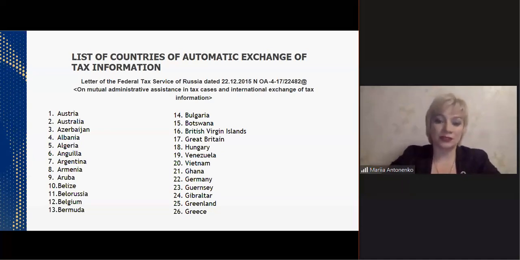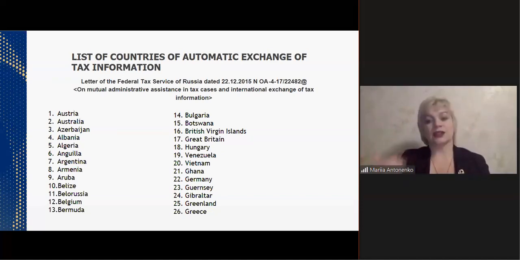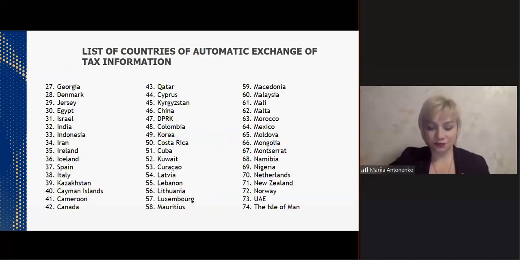Belize is in the list of countries with automatic exchange of tax information. They provide taxation assistance to all the countries that are included in this convention. It doesn't matter what country the request comes from. It can be the British Virgin Islands, Belize, Gibraltar. This payment financial organization is required to answer the request. They participate in the exchange of tax information. Let's move on to the next slide.